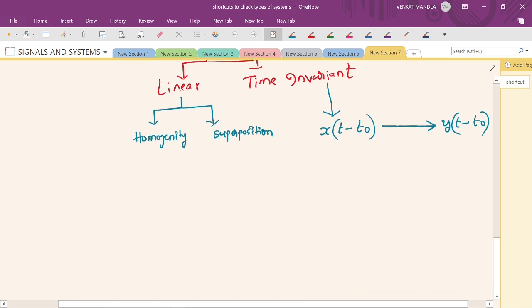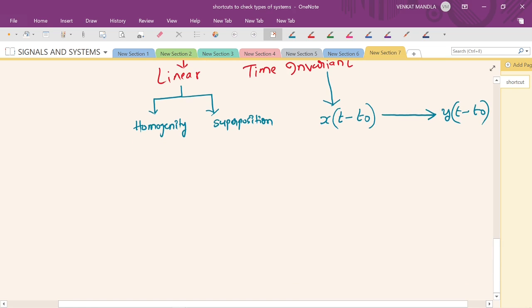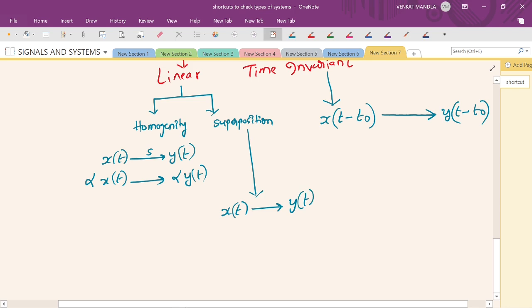Okay, so what is homogeneity? Given x of t and y of t for the system, if I multiply the input by some alpha, alpha x of t, then the output also should be multiplied by alpha, alpha y of t. What is superposition? This is the system, x of t, y of t.